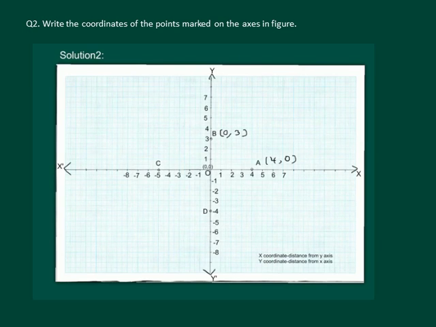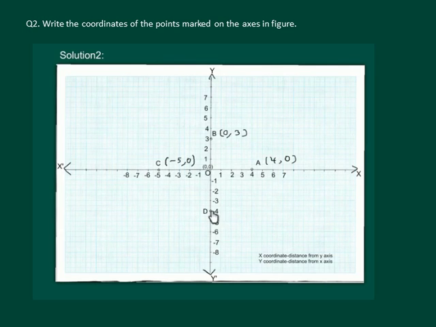Now let us find the coordinates of C. We can understand this as that since C lies on the x-axis, it will only have x-coordinate, and x-coordinate is the distance of point C from the y-axis, which is -5, and y-coordinate will be 0.